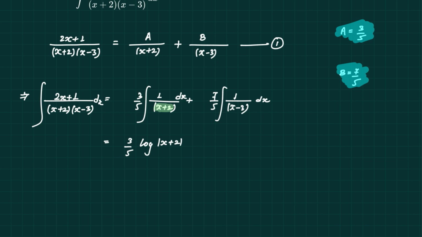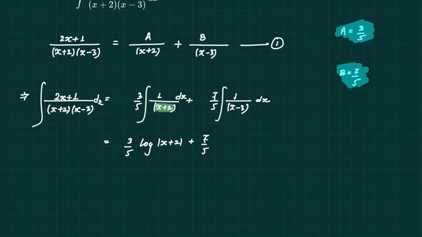And actually we have to divide this integral by the derivative of x + 2, and since the derivative of x + 2 is 1 only, in the denominator we will have 1 only. So I prefer not to write that here.